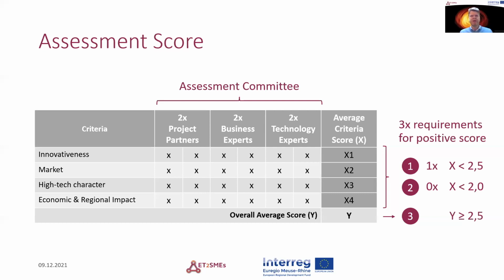So in the example of a Dutch-German consortium, business experts and technology experts from Flanders and Wallonia will do the assessment. And to enable this, all the regions have found experts available and willing to support with the application.